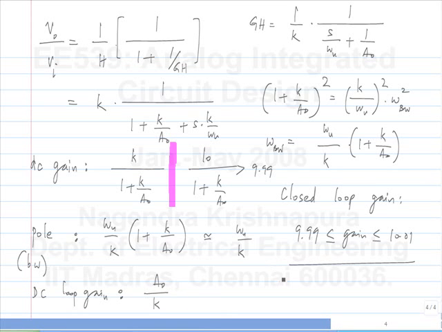So, what is the result? K by a naught is 0.001, right? 0.01. Why is this so difficult? 0.001. So, the loop gain, minimum loop gain you need is 1000.